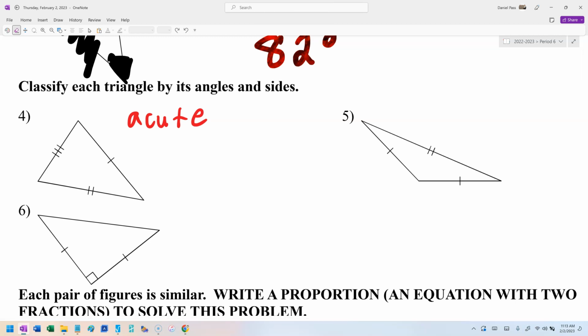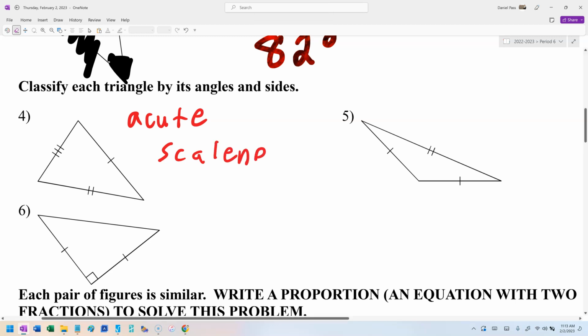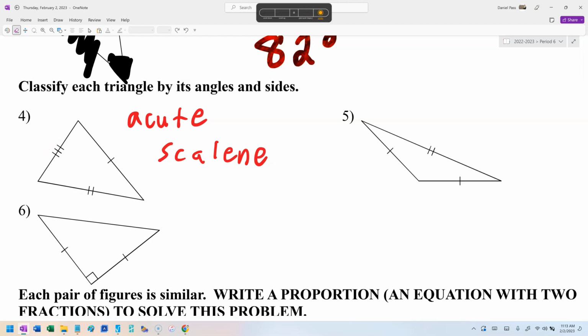What's the other name? Oh, it's scalene. Now, why is it scalene? How can we tell, everybody? Because of the 3 lines. Right, these little lines tell us 1 does not match with 2, does not match with 3. So they're all different. That's what scalene means.